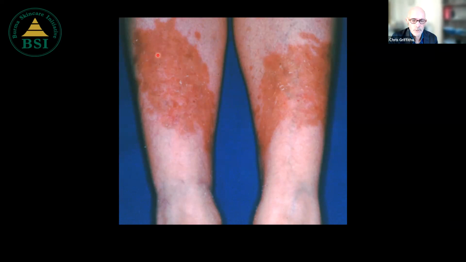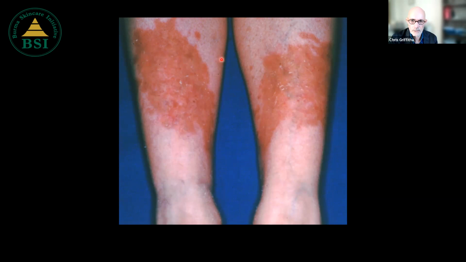We treat it with topical corticosteroids, sometimes under occlusion. And the key is to try and prevent further spread, and to prevent further atrophy as well. So that's another important cutaneous sign of an underlying systemic illness, in this case, diabetes.